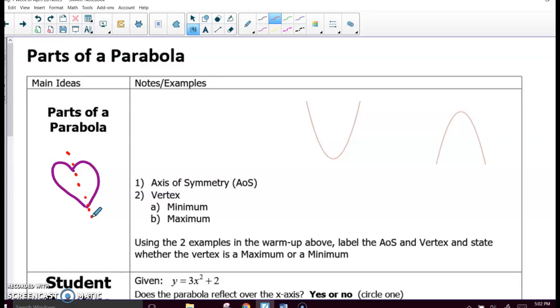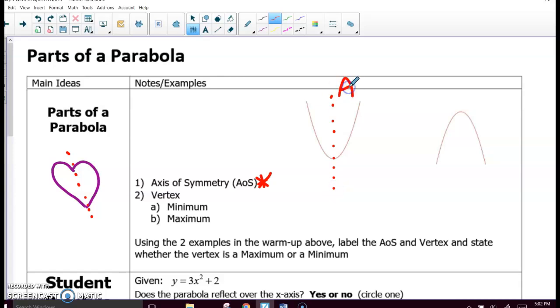Parabolas have symmetry. How we're going to label symmetry is I'm going to use red each time we have symmetry, and we're going to use a dashed line. So as I look at my parabolas, that was a horrible line. Let's see if we can make that better. There is my axis of symmetry.